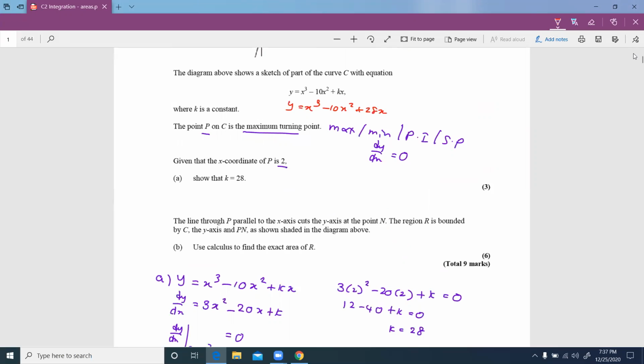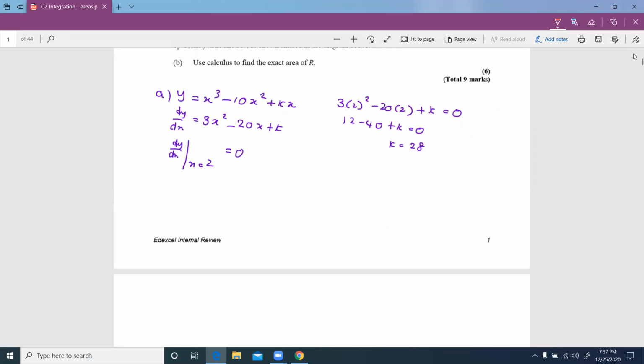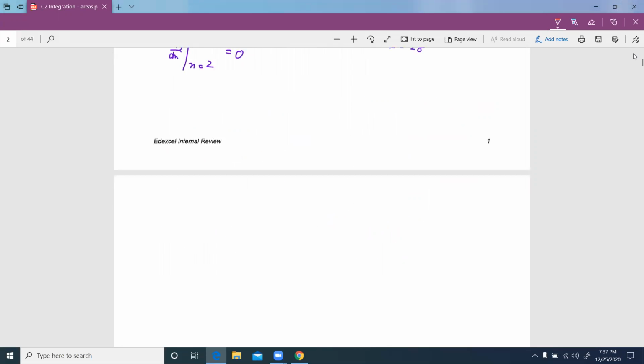So if you come up with question part B, sorry, I'll just use the same color. In part B, refer to the question, the graph is just like this.